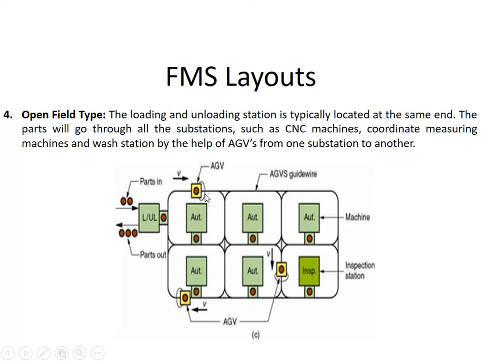With the help of AGV, from here to here they will move, and from here to here they will move, and this is a path through which the AGVs, the automated guided vehicles, can move for inspecting or for moving from one substation to another, which is nothing but one workstation to another, that is, a CNC machine. And after completing, with the help of AGV, it will come to the same point for unloading the final part.